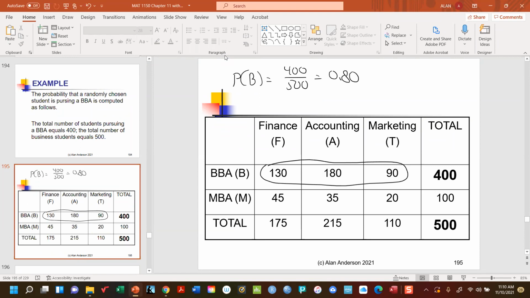And because we only have one event taking place, this is often known as an unconditional or marginal probability.